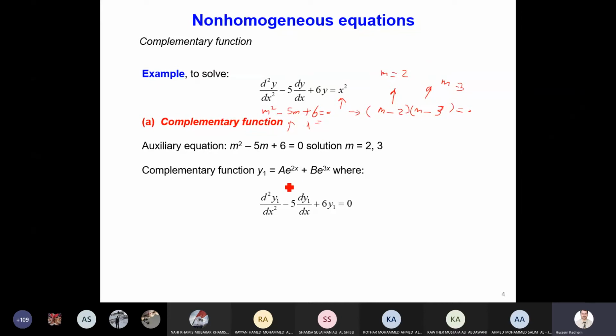So I write the solution y1: constant times exponential of the first root x, plus constant times exponential of the second root x. This is clear, discussed last week.